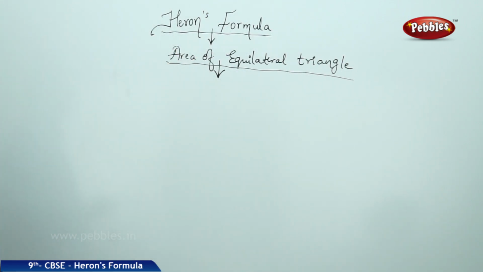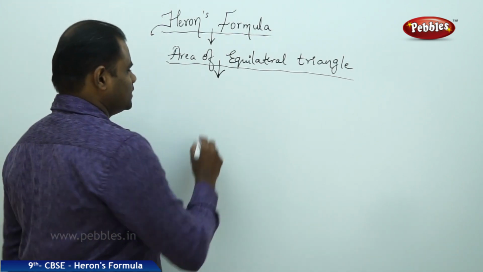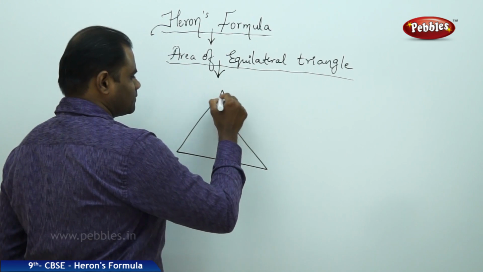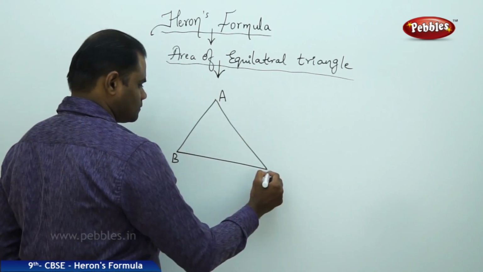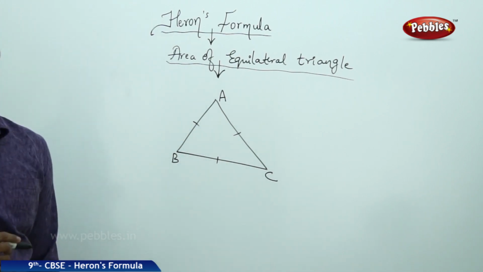So what is area of equilateral triangle? We all know that equilateral triangle is a triangle whose all sides are equal. So this is equilateral if all the three sides are equal.